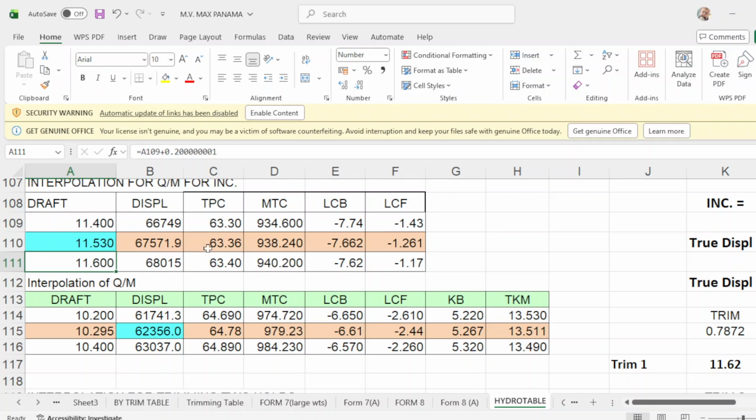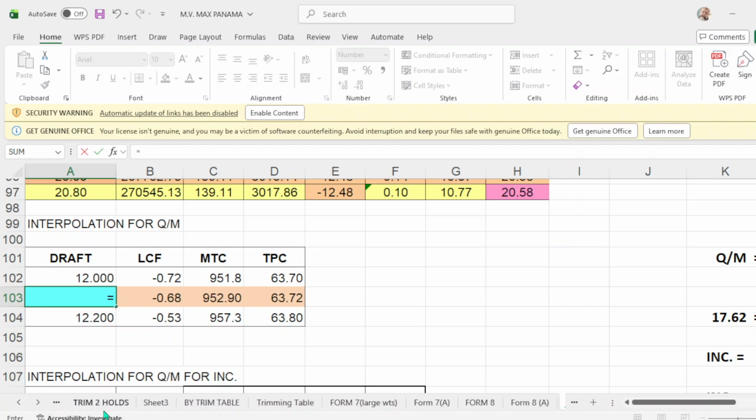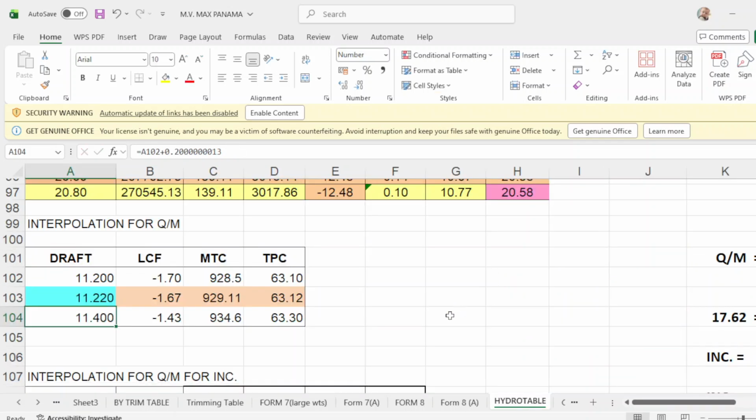Then what you do to get this LCF, MTC, and TPC, you press this one, equals. Then you go to the program of number 6 and you press this mean draft. Click this one, then press enter. Then here it goes, 11.22.